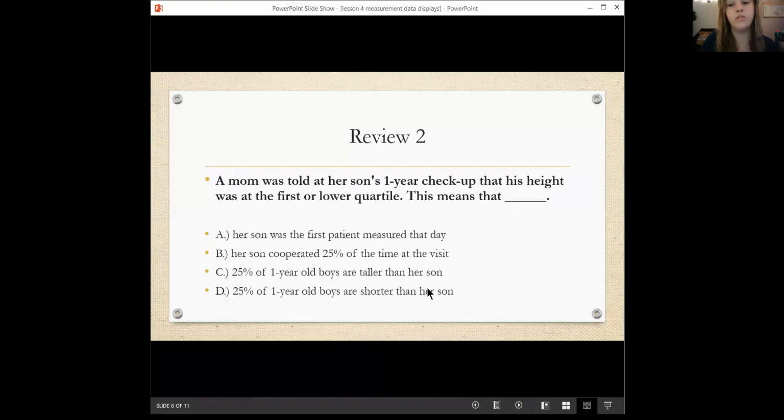Okay, so mom was told at her son's 1-year checkup that his height was at the first or lower quartile. What does this mean? Let's go ahead and pause this if you want to try this one, then we'll go over it. Okay, so remember when we talk about quartiles, the first quartile, Q1, is the 25th percentile.